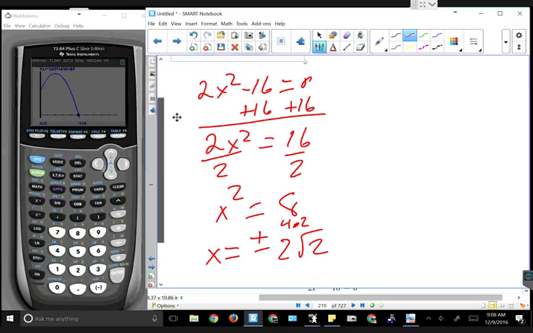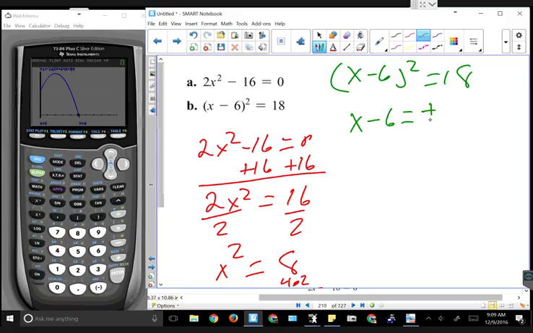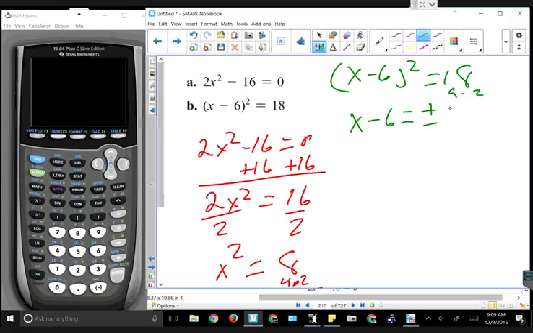Let's try that over here. So now I have x minus 6 squared is equal to 18. Before I can do anything with it, I have to take the square root of that. So I get x minus 6 is equal to plus or minus the square root of 18. Does 18 have a factor that's a perfect square? That should be 9. So we know that this is going to be 9 times 2. What's the square root of 9? 3.